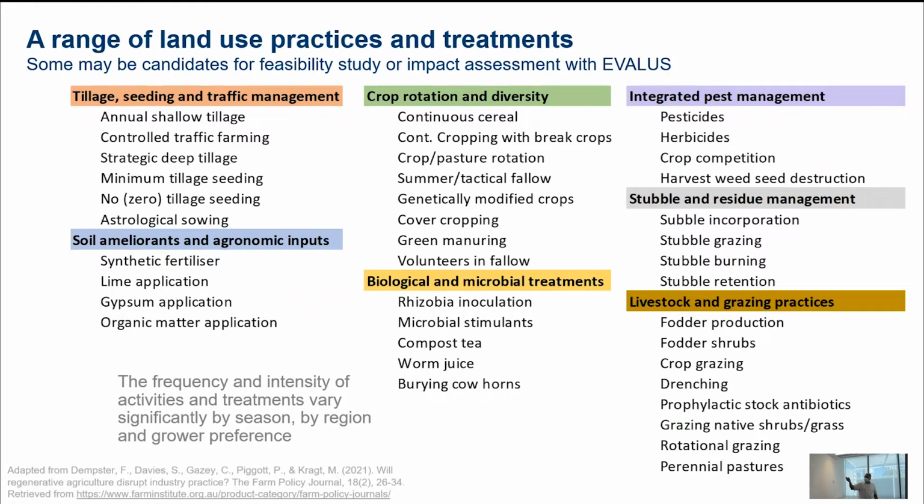where these things can be evaluated. What happens if we switch between synthetic fertilizer to legume pastures rotated with cereals? We haven't had a model for a long time that can do that in over a 15-year period. What happens if you add lime to the soil?